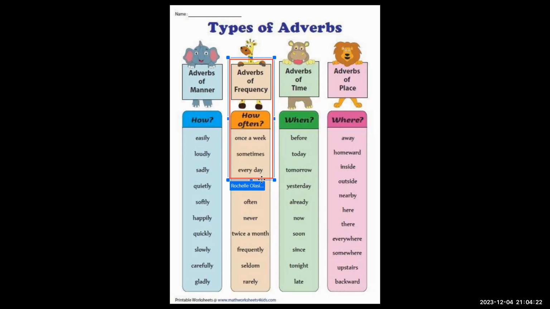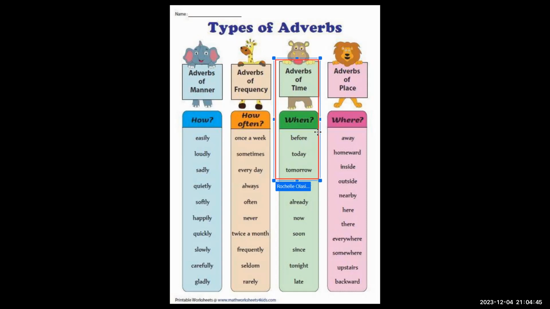Adverbs of frequency: happen once a week, sometimes, every day. Okay, how often is how you are doing something, how often you are doing something, right? Many times, always. And then for adverbs, please read adverbs of time.